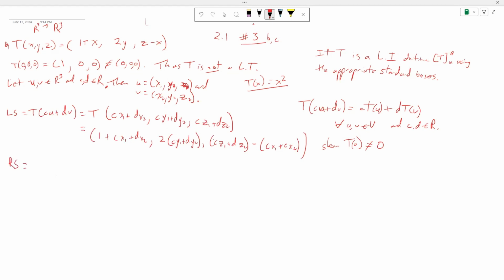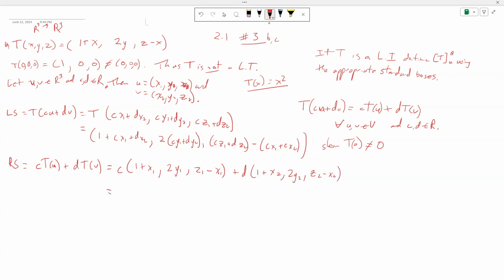My right side equals cT(u) plus dT(v), which is equal to c times (1 plus x1, 2y1, z1 minus x1) plus d times (1 plus x2, 2y2, z2 minus x2).